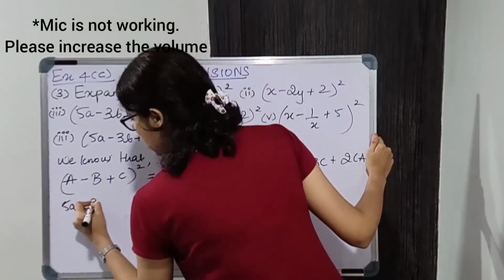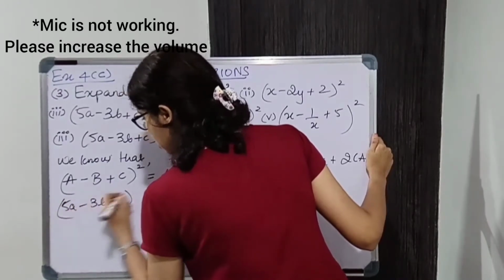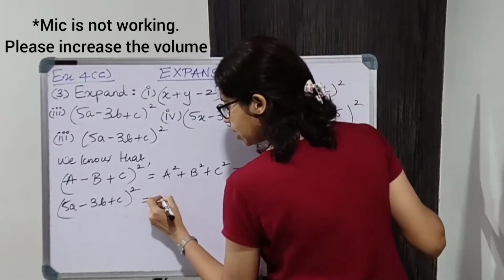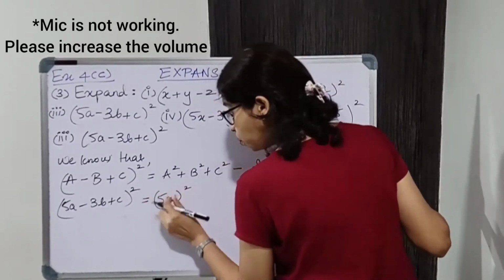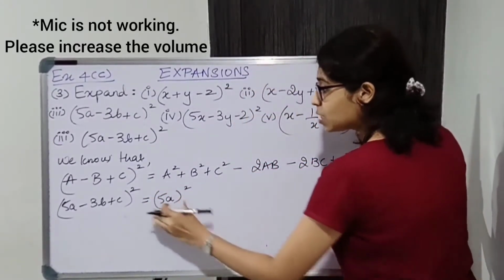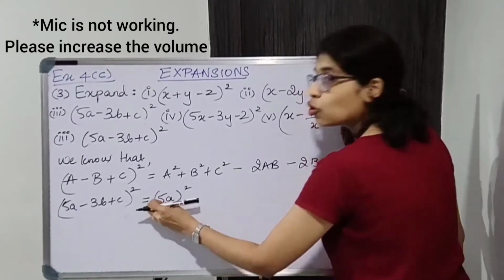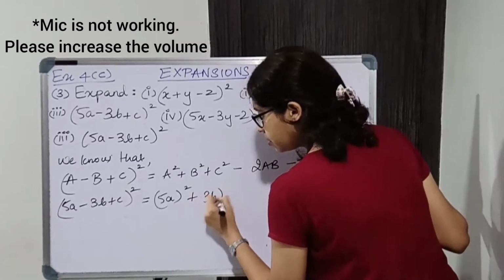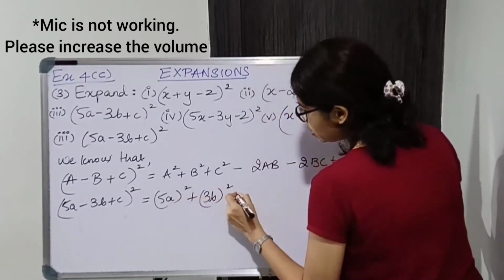Now, therefore (5a - 3b + c) square is equal to A square, that is (5a) square. Put brackets, students. Please put brackets, you have to square 5 also, not just a. B is 3b over here and C is c only.